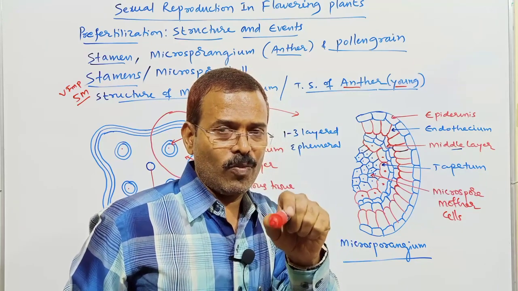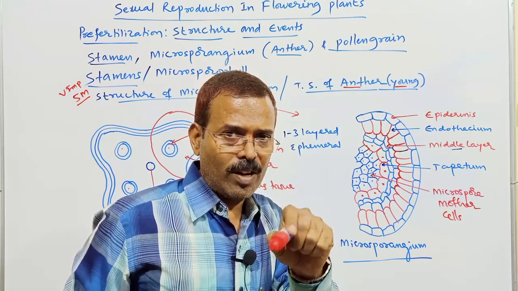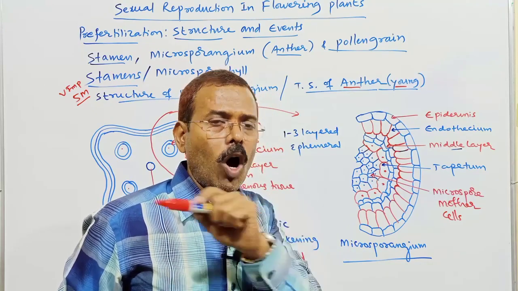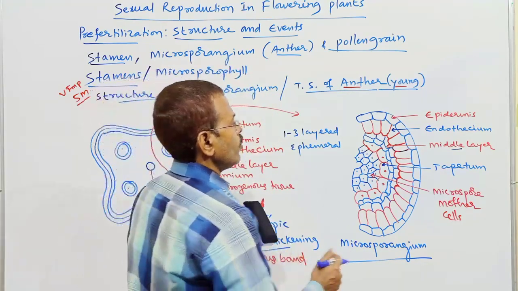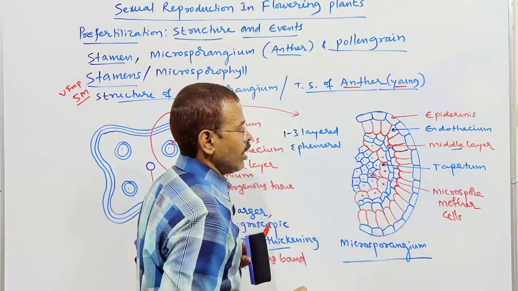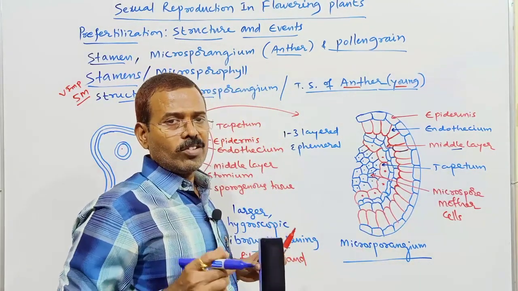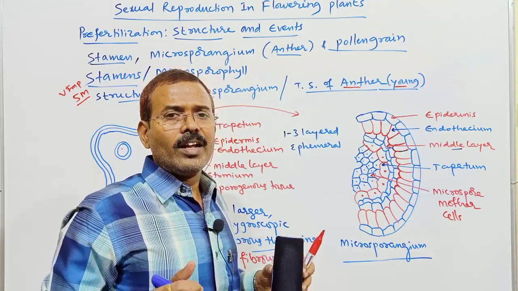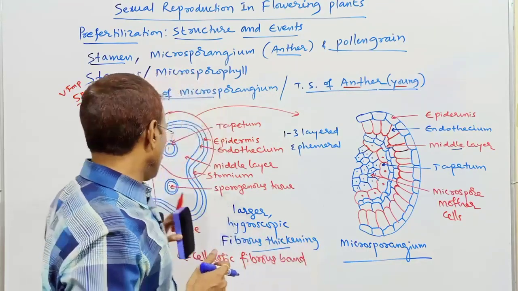Remember, in hydrophyte anther, alpha cellulosic fibrous bands are usually absent in the endothecial wall. So this is about the middle layer. It is 1 to 3 layers and short-lived. Soon it disintegrates or degenerates and provides nourishment to the sporogenous tissue.